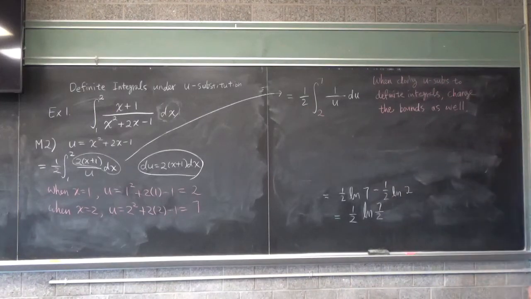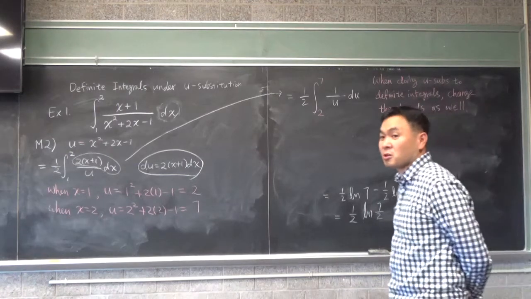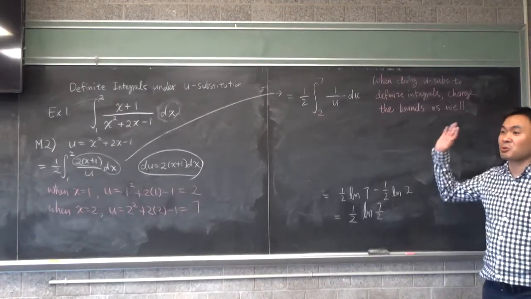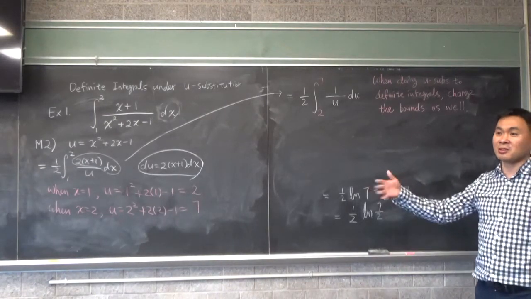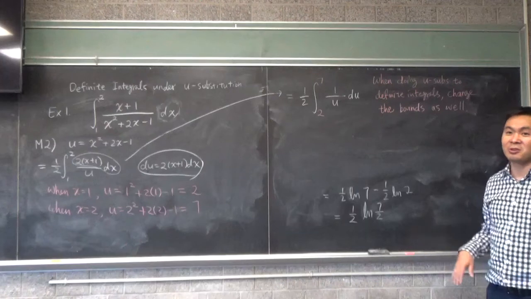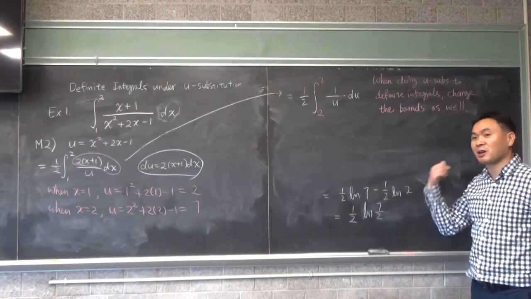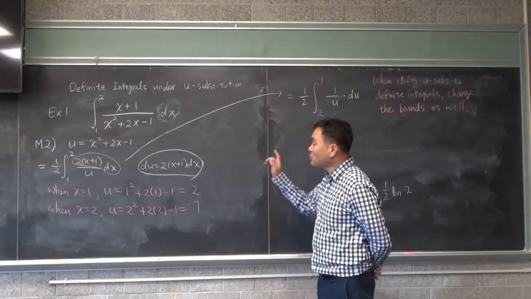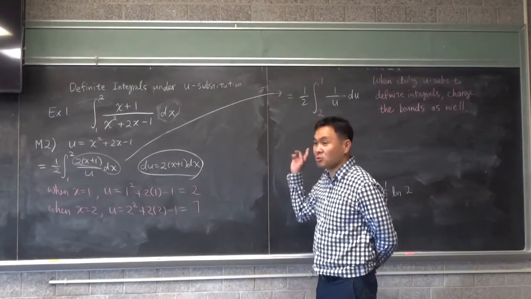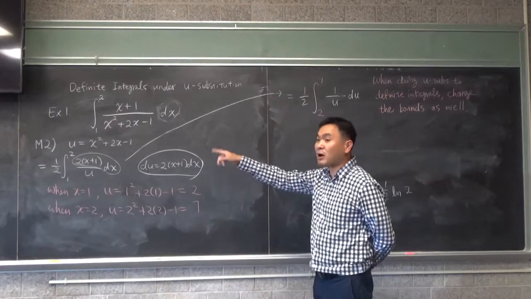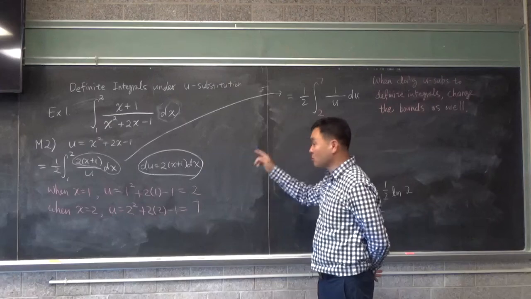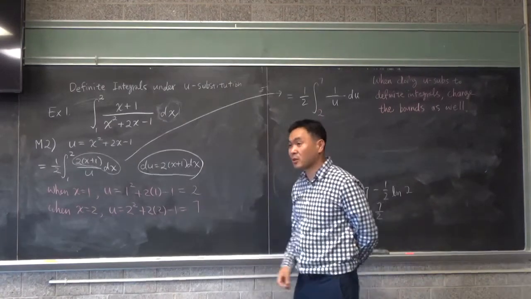You have to change the bounds when you directly apply u substitution to a definite integral. In the first method, we didn't have to do that because we were just doing the indefinite integral, and indefinite integrals don't have any bounds, so you just do it the old way and apply the fundamental theorem of calculus. But here, I not only transform the x's into u's accordingly, but the bounds also have to be transformed into the new bounds because u has a different value.